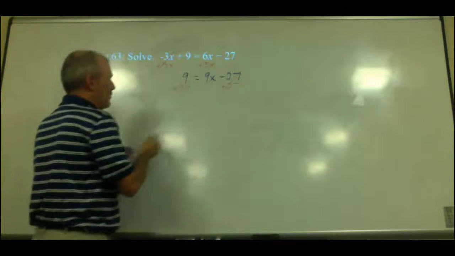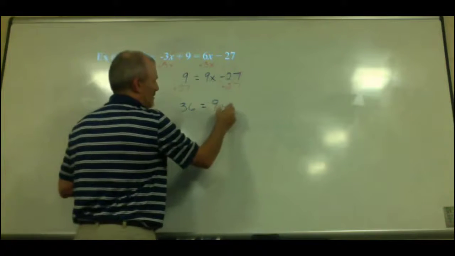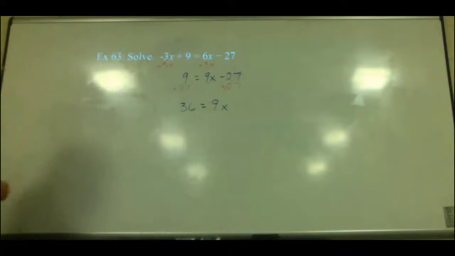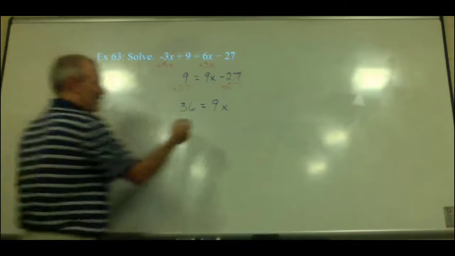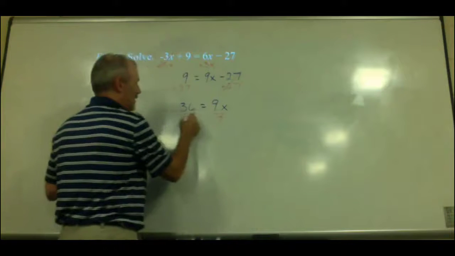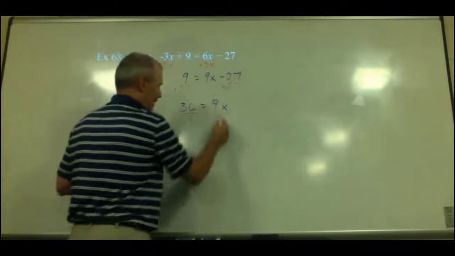We have 9 plus 27 is 36, and equals 9x. And then what else do we have to get rid of, and how? Get rid of the 9 and how? Divide, because it's multiplied, right? So to get rid of it, we divide by 9, and we get 4. Yeah, x equals 4.